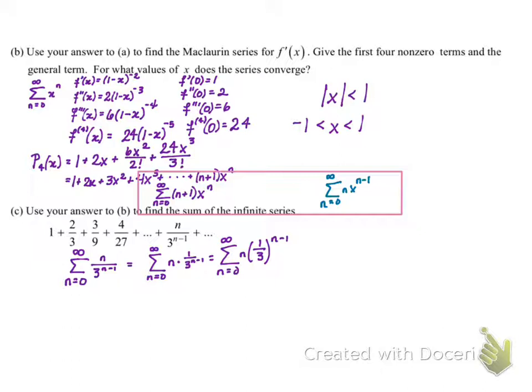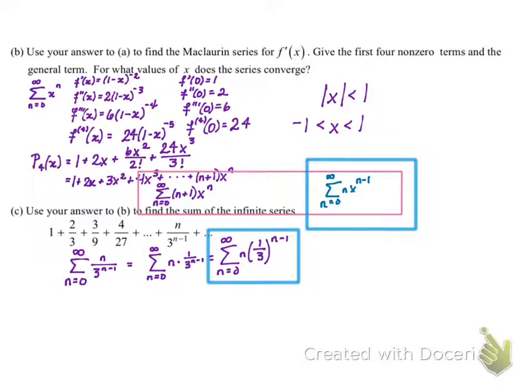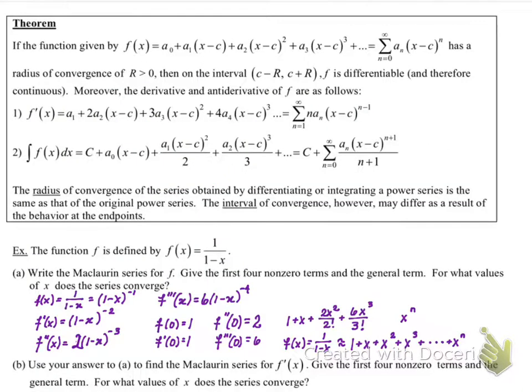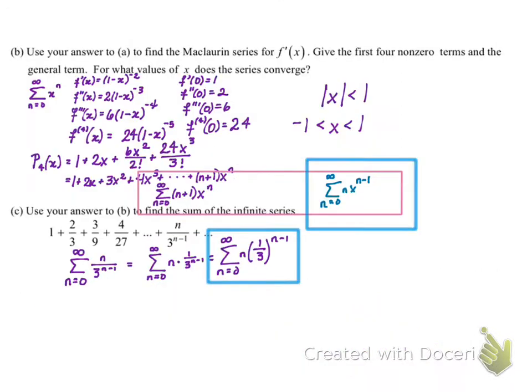So what we are really looking at down here is actually B. We are looking at the derivative of f of x. So coming back there, if we have f of x equal to, what was it, 1 over 1 minus x? Oh, I forgot my x. And what we are really looking at is f prime of x.